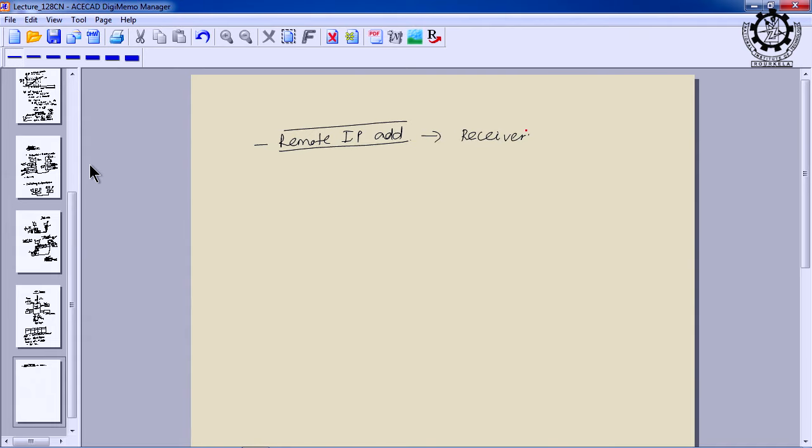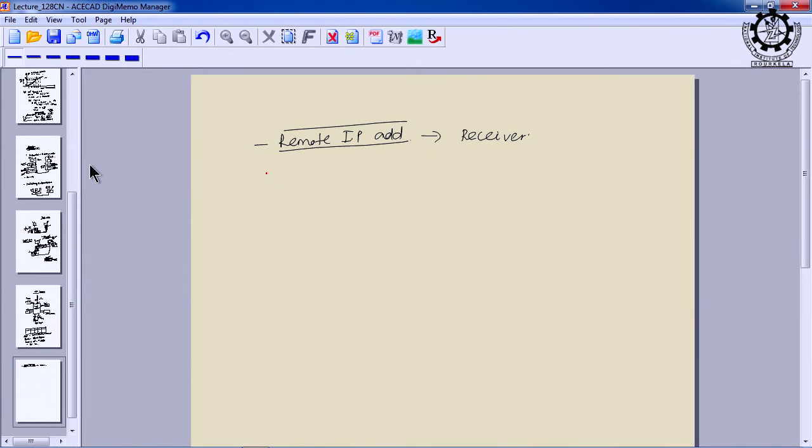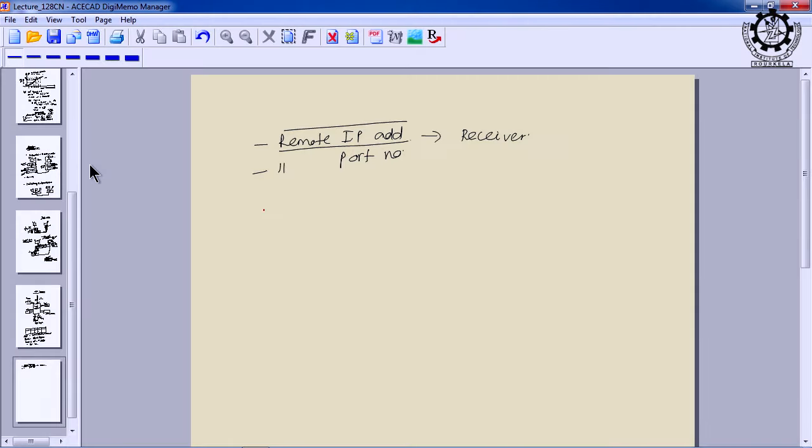What is the remote IP address where I want to communicate or the connection has to be established. Along with the IP, that is a socket address, nothing else. Along with this, you have the remote port number. So that means you have the socket address for the sender, you have the socket address for the receiver. Both these values are entered into the TCP.